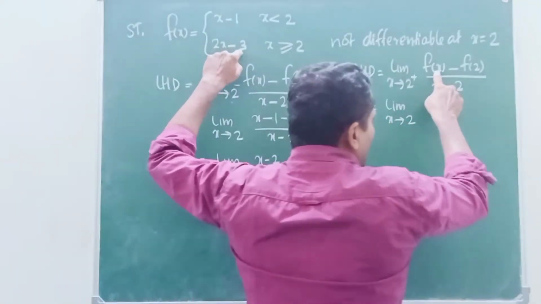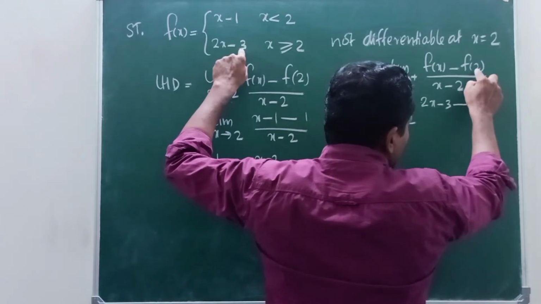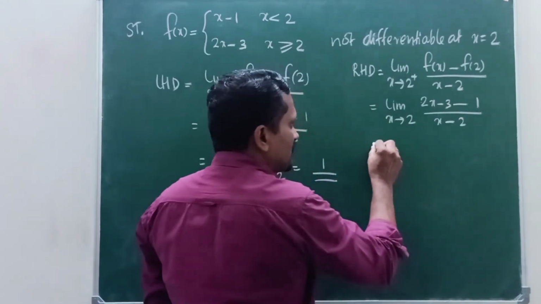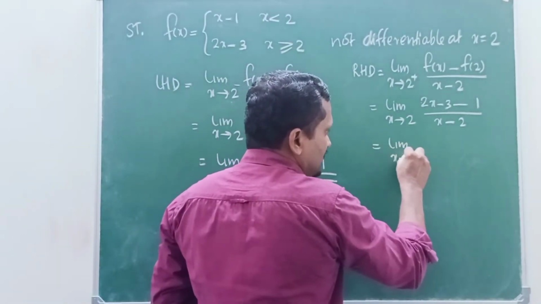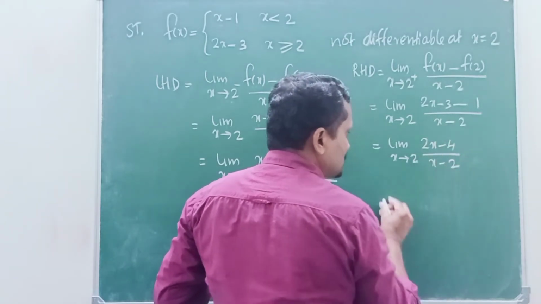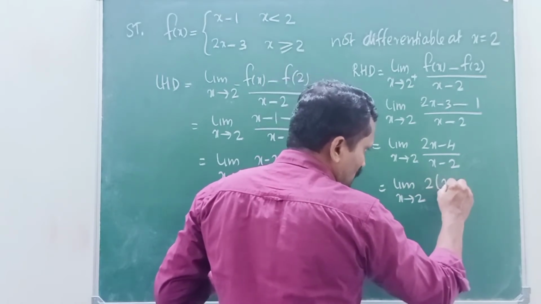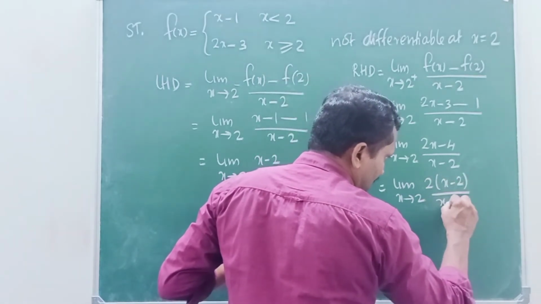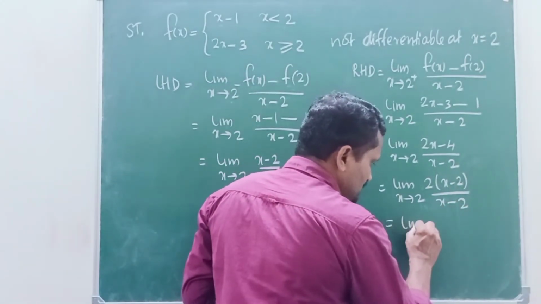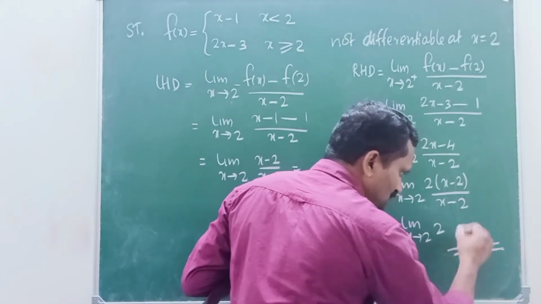So instead of f of x we can write 2x minus 3 minus f of 2, which is 1, divided by x minus 2. That is limit x tends to 2, (2x minus 4) divided by x minus 2, that is limit x tends to 2, 2 into (x minus 2) by (x minus 2). X minus 2 gets cancelled. That is limit x tends to 2, 2, that's equal to 2.